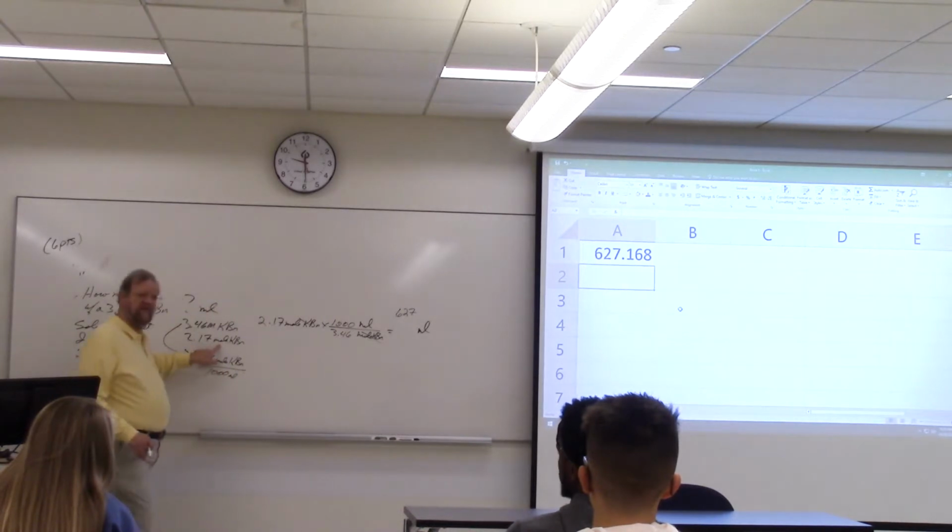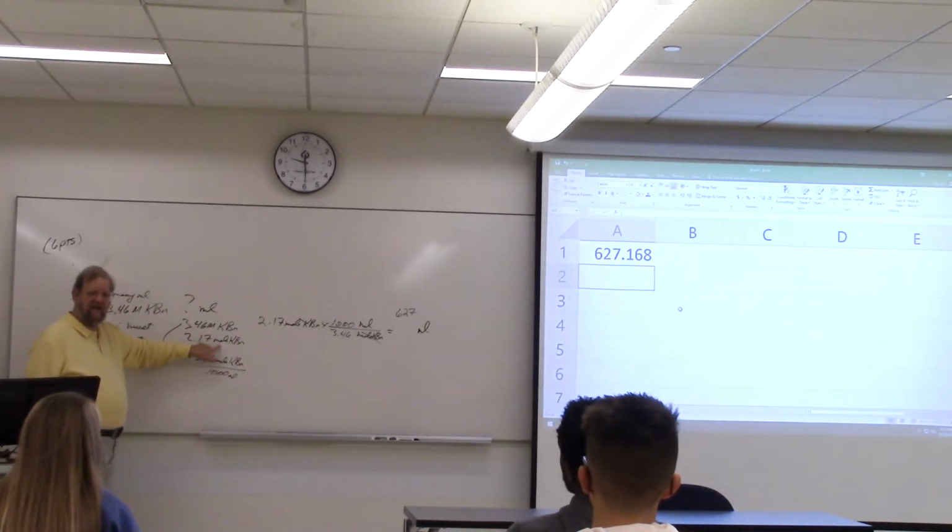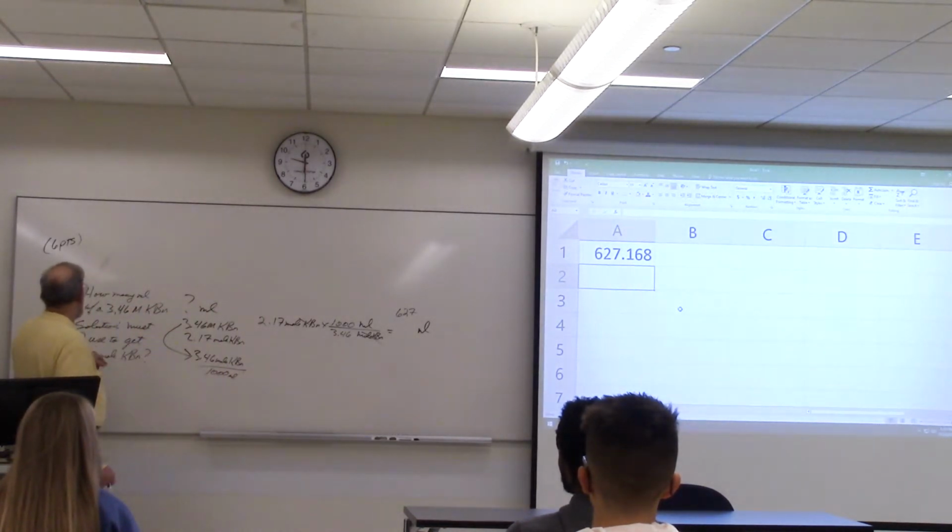All right, because this is what we're given, okay? You were given the 3.46 as well. No, we're saying how many moles of KBr? Look at the units, okay? This is a slightly different question than the one before. Here we're given moles, we're given molarity, we're trying to find milliliters.